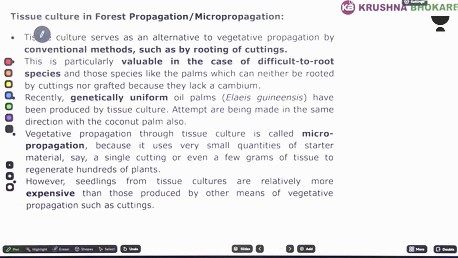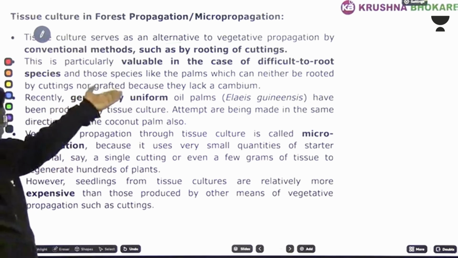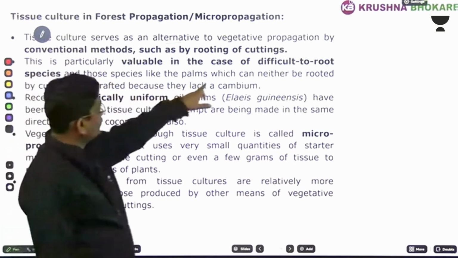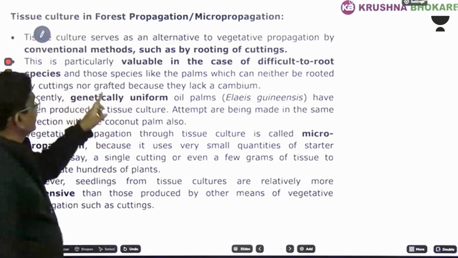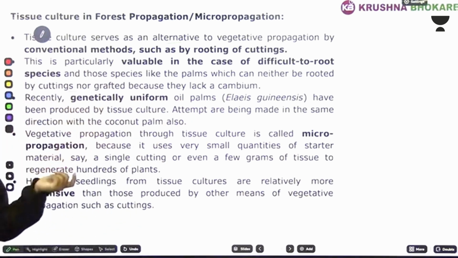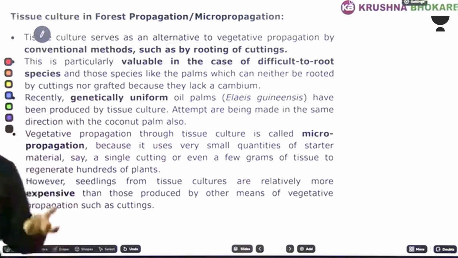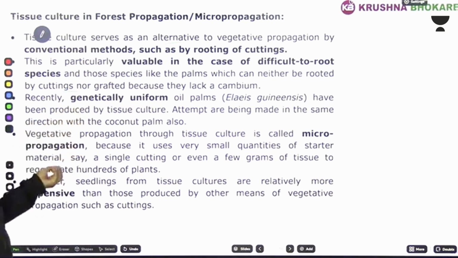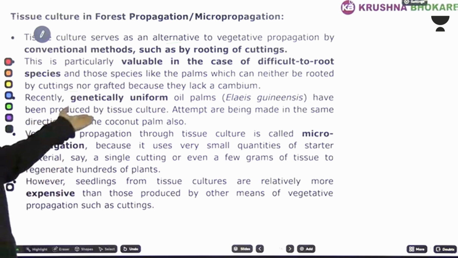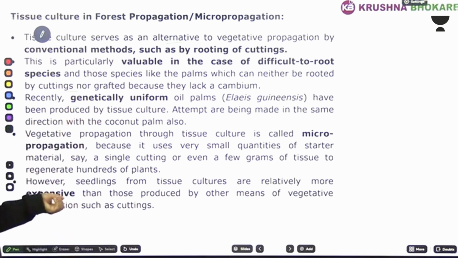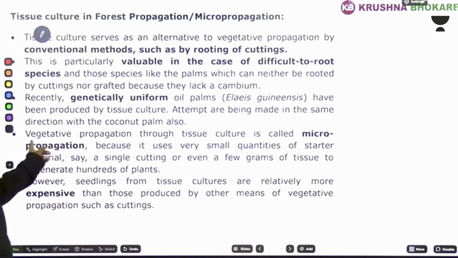In such conditions there is another option called tissue culture. Palms can neither be rooted nor grafted because of lack of cambium, and seed production is very low. So what is the option for mass production? Tissue culture, correct. Recently genetically uniform palms have been produced by tissue culture. Attempts are being made in the same direction with the coconut palm also.